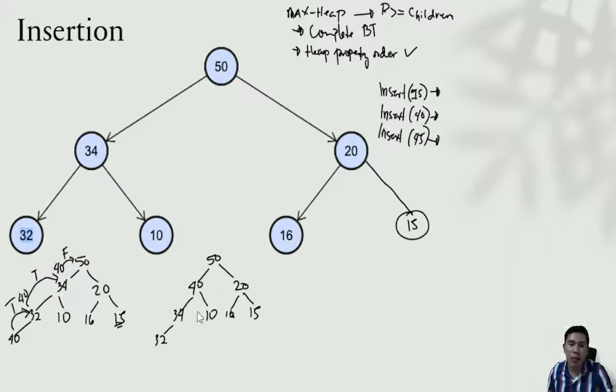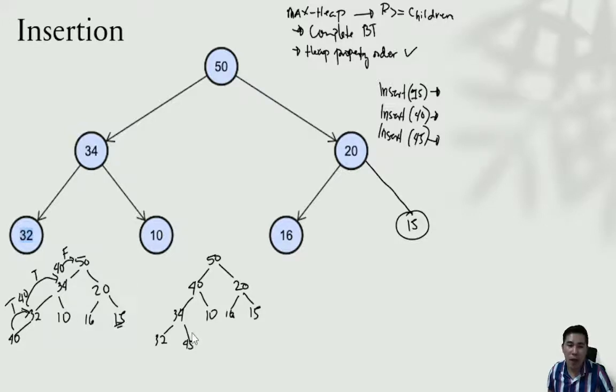When you insert 45, it should be placed at the deepest position, following level order. I follow the level order for insertion, so here we insert the node 45. When you compare 45 and 34, percolation or swapping happens.